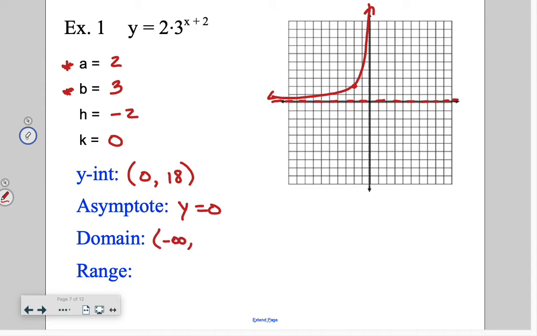So I'm going to put negative infinity to infinity. What's the range? From 0, not including 0, because there's an asymptote there. It's approaching 0, but not going to actually get there. You don't have to worry about cross points on this one. So from 0 to infinity. And there's the range. There's what this graph would look like.